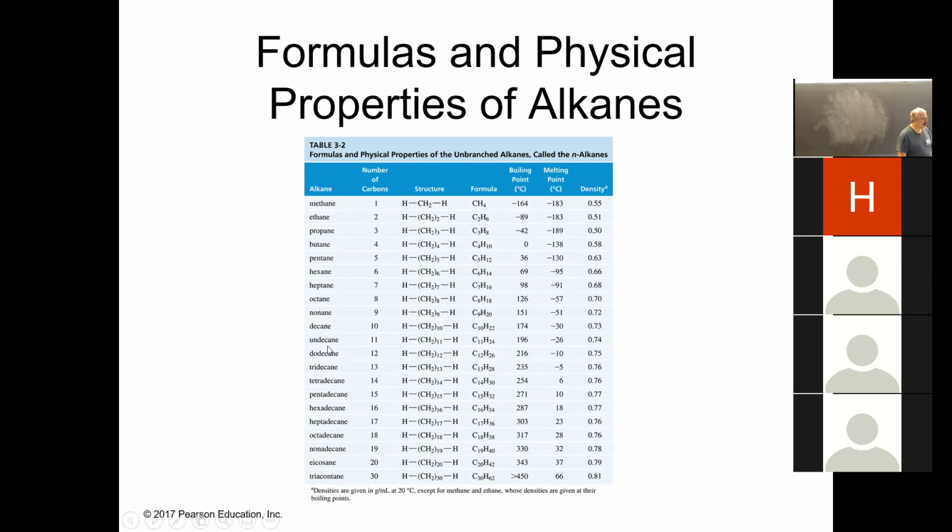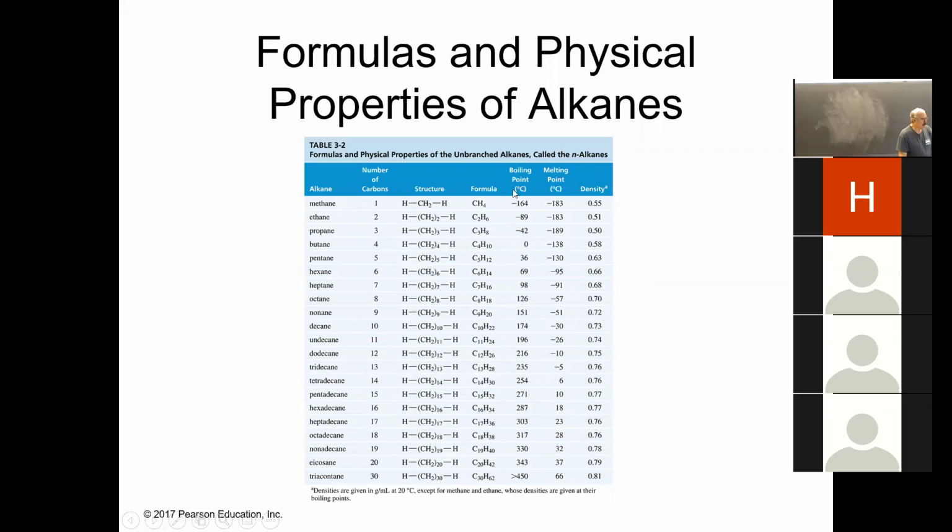So 11 is undecane, 12 is dodecane, you've got tridecane, tetradecane, and so on. Okay, but notice these are a homologous series, so notice the boiling points go up as we increase the number of carbons. So do the melting points.